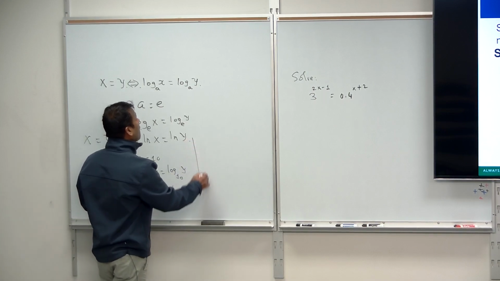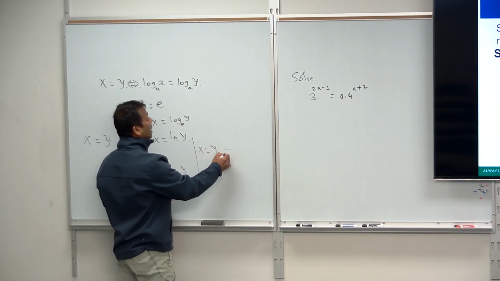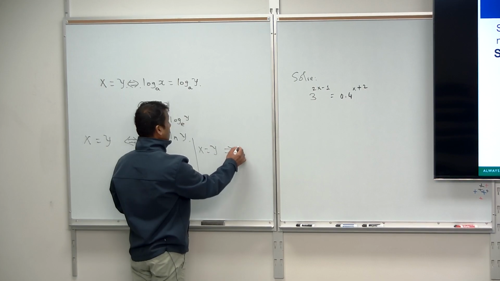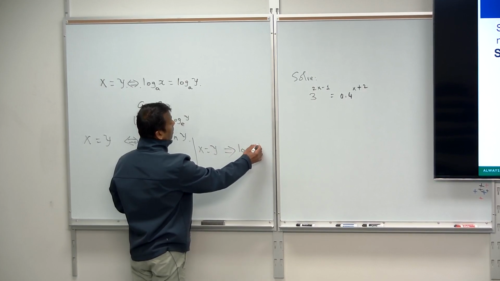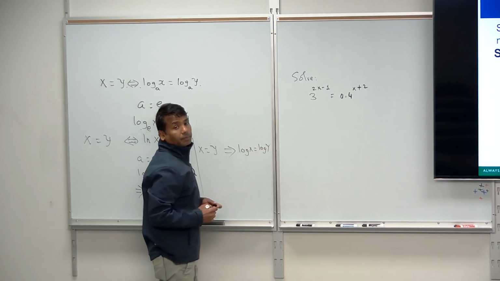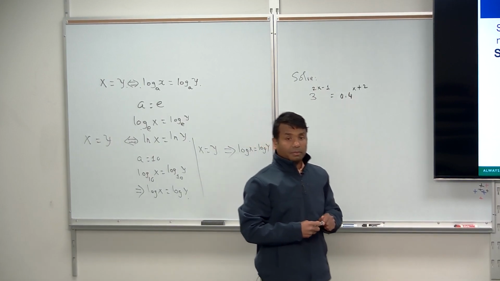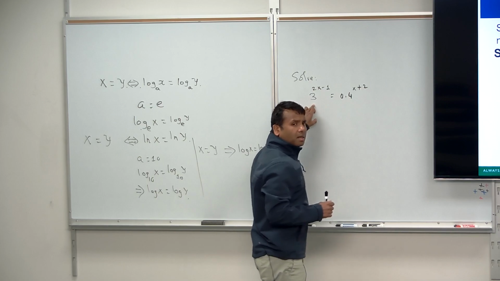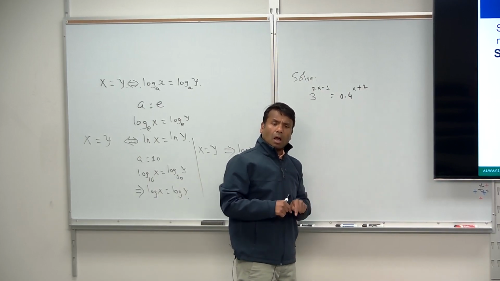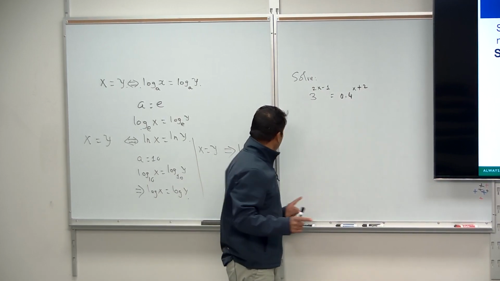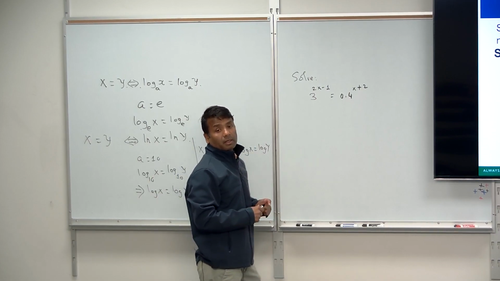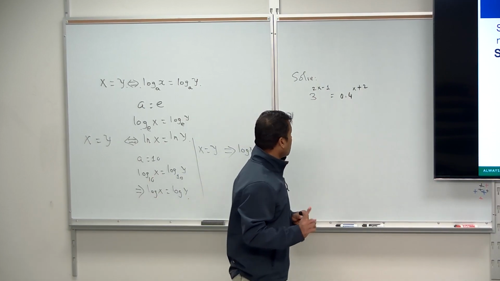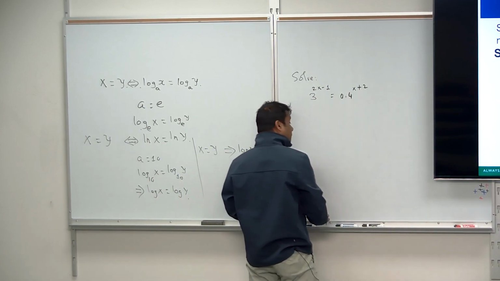So if you have x equal to y, that is also equivalent to log x equal to log y. The idea here is you can either take the natural log on both sides or the common log on both sides. It's up to you. So I want to take the natural log on both sides, okay?